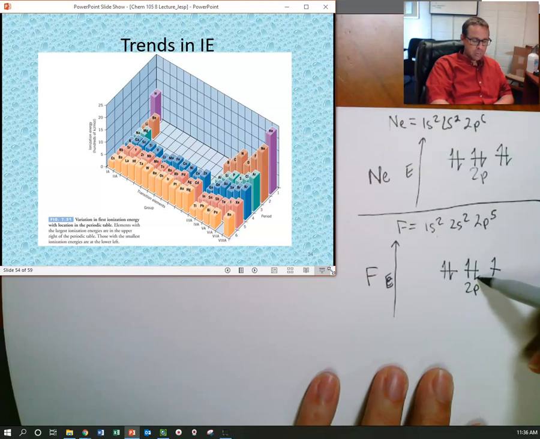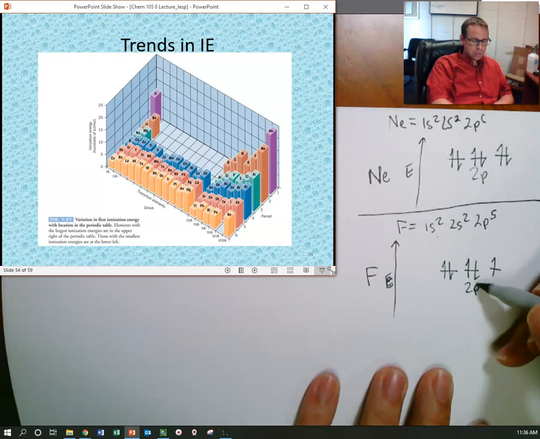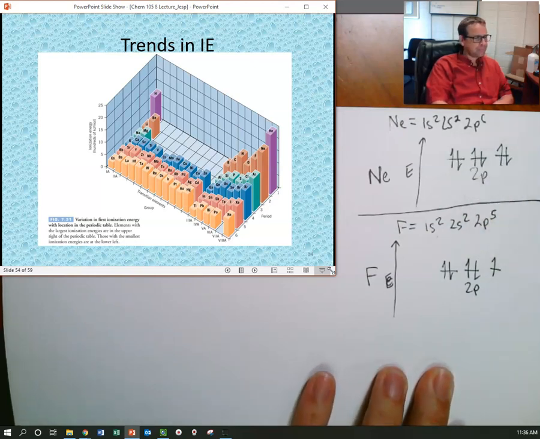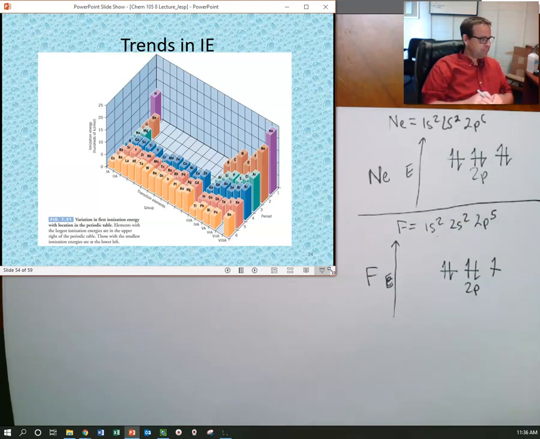Well, fluorine already has a degree of instability there, right? So getting rid of one here wouldn't make it as unstable as breaking up that complete subshell. Good. Very good.